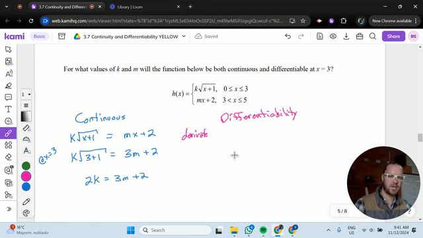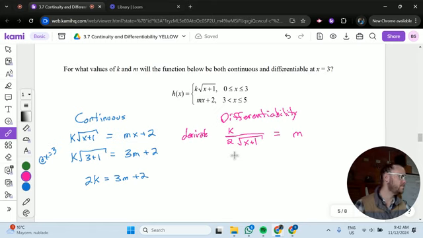And let's see, this one is going to be k over 2 times all of this stuff to the negative 1/2, which really just means that we're going to slam it on the bottom. Right? We all good with that? And then I multiply by the derivative of the inside, which is 1. So we're good. And we're going to make that equal to the other side, which is just m.